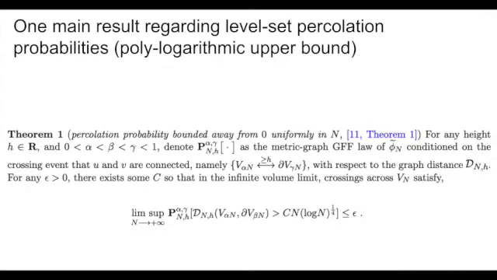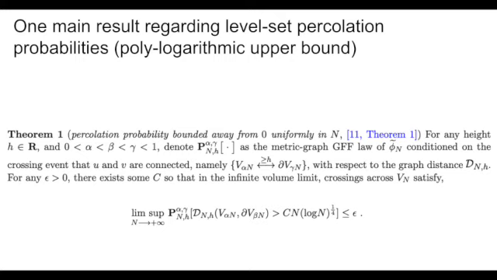And one main result that appears in the paper due to Professor Ding and Dr. Wirth is the following. So we want to provide one main result regarding level set percolation probabilities, which is providing us with a poly-logarithmic upper bound that we'll describe.